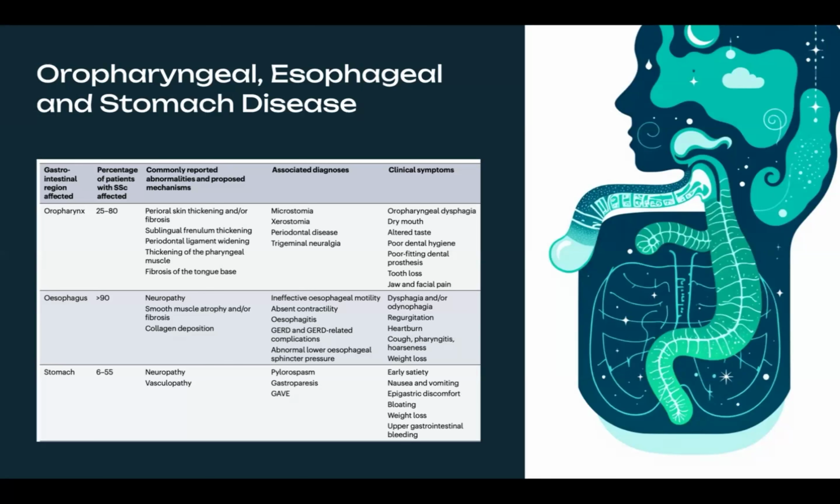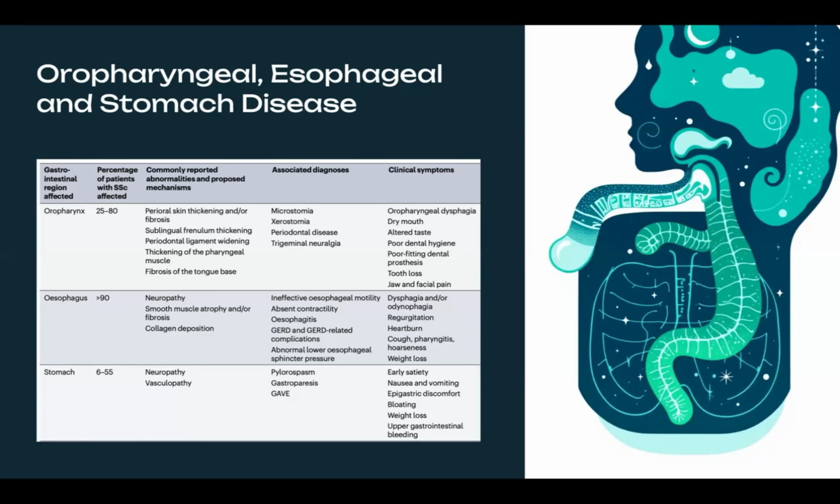So the esophagus is the most commonly affected, in more than 90% of the patients. You can have problems with the esophageal motility and secondary changes due to the motility. The upper 1/3 of the esophagus is striated muscle, and the lower 2/3 is smooth muscle, autonomous.